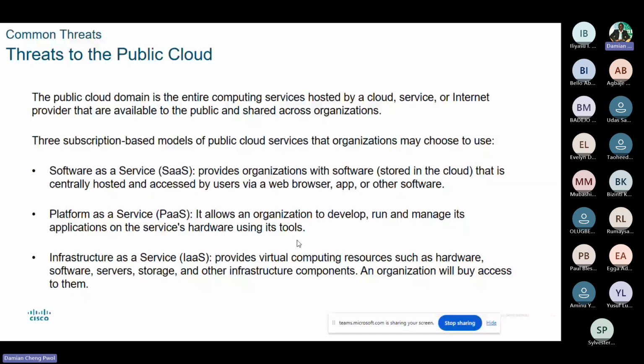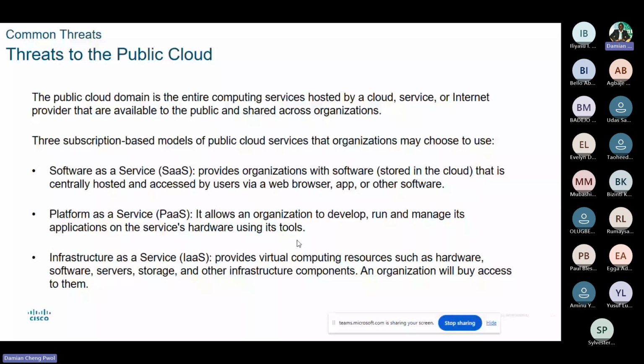Platform as a service allows an organization to develop, run, and manage its applications on the service hardware using its tools. So with a platform, you are provided with an environment where you probably have a terminal, where you type in your script, then run your script within that environment and see how it works.